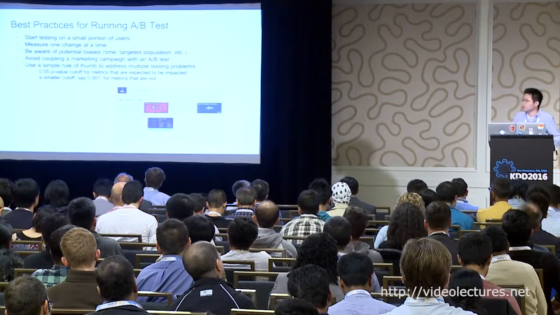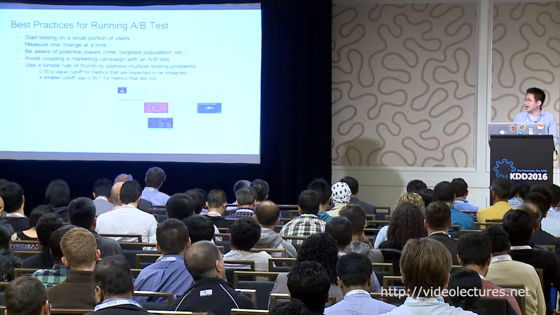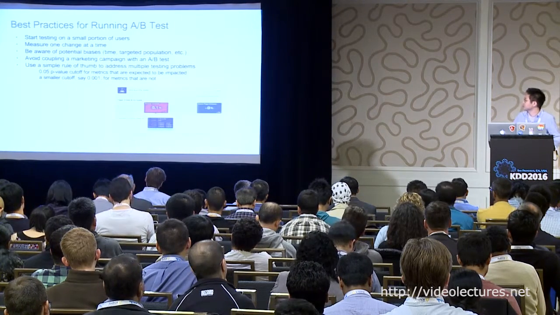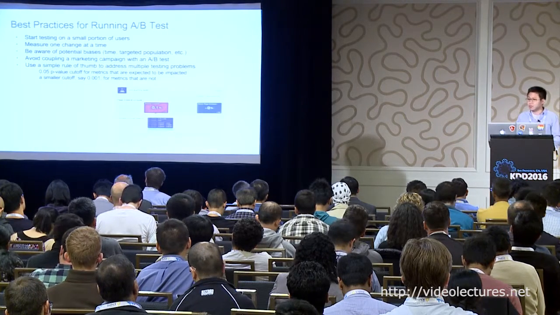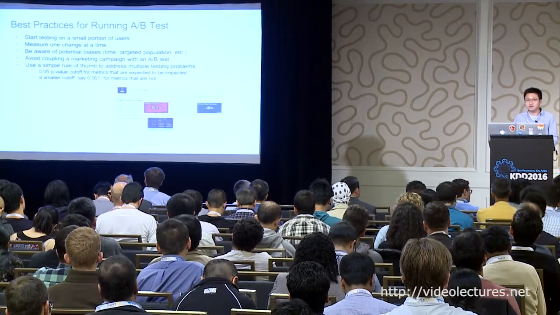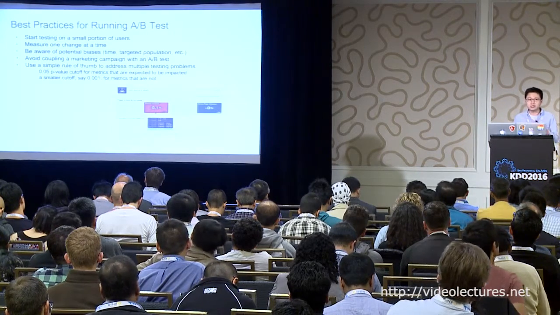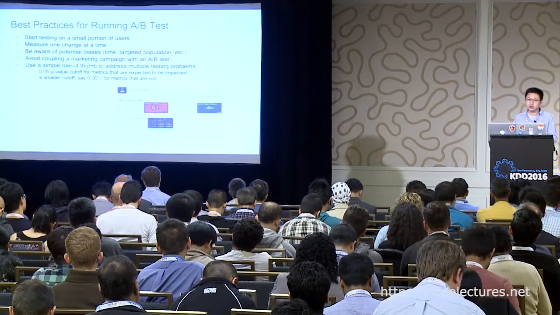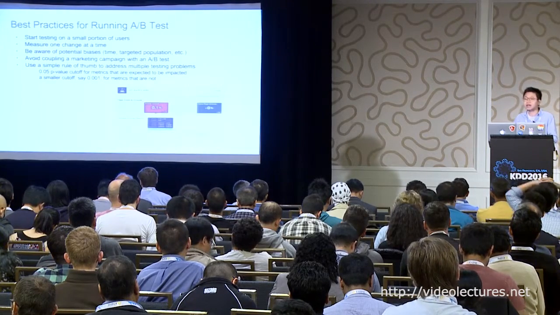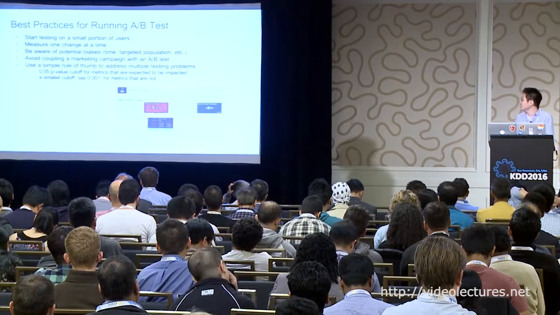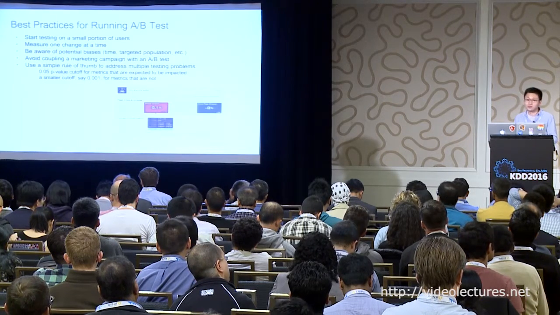We can use a standard 0.05 p-value for those metrics that are expected to be impacted by the A/B testing. And for all the remaining metrics, which based on our business knowledge are not going to be impacted by the model or the new algorithm, you can use a smaller cutoff, say 0.001.